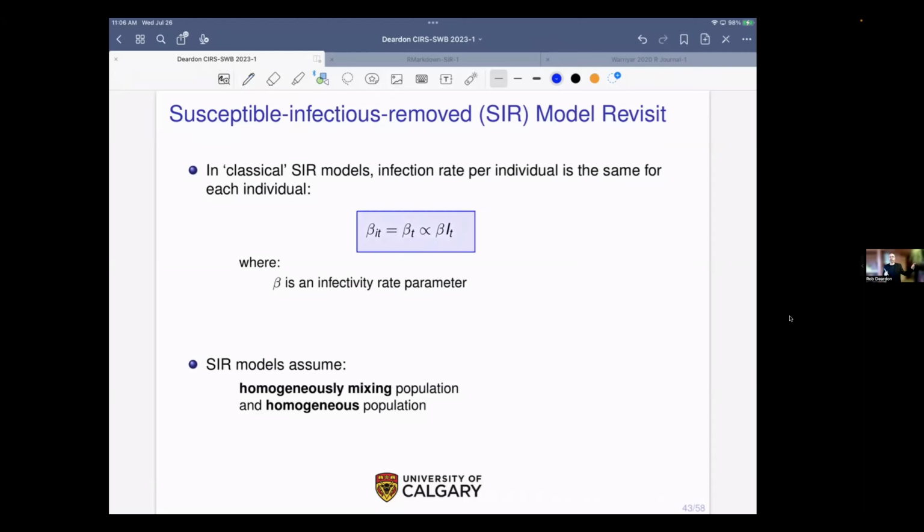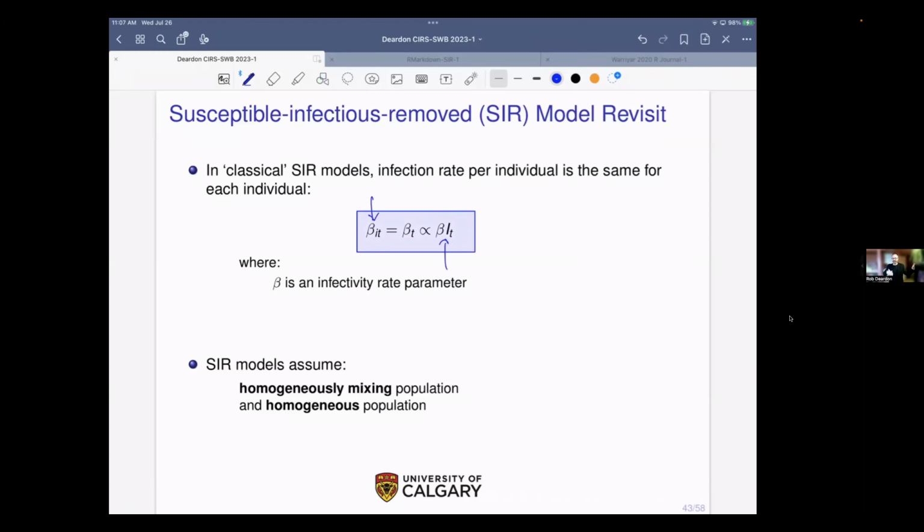I was essentially assuming that the infection rate per individual is the same for every individual at a given time point, right? So my individual infectious rate, if I think about that, beta_i(t), where i is your individual, is just equal to beta(t), and that's proportional to some parameter multiplied by the number of infectious individuals, right?